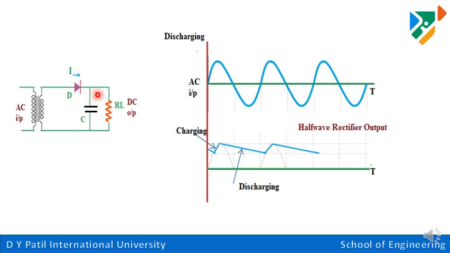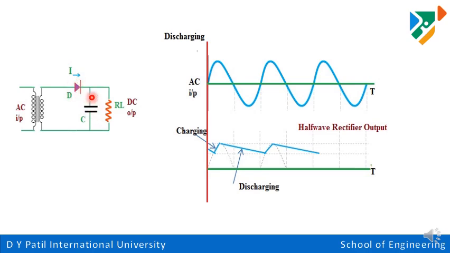Throughout the conduction time, the capacitor gets charged to the highest peak. Then what happens in the negative cycle, when the diode is in reverse bias?